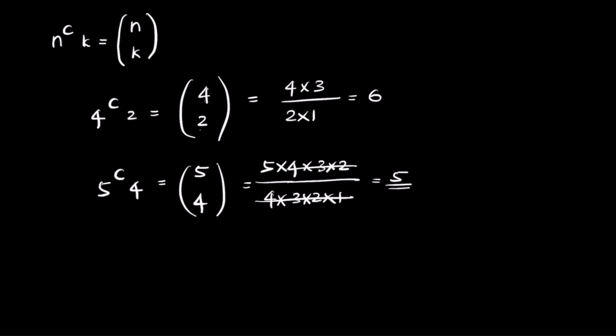So this is one way of calculating the values. So n over k can be written as n times (n minus 1) times and so on, up to (n minus k plus 1), over k factorial. So this is another formula for nCk.